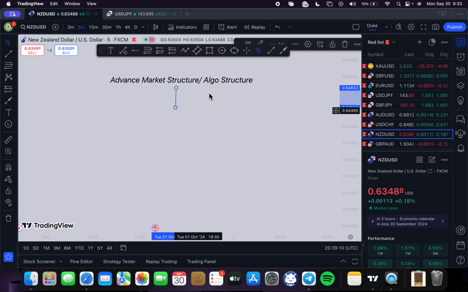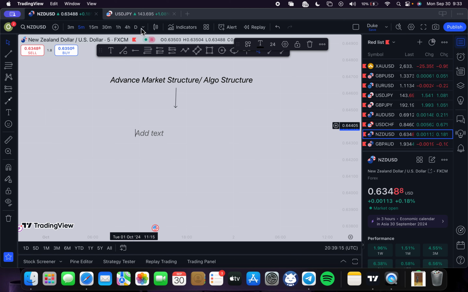We have our swing structure, we have our substructure, and we also have our minor structure.